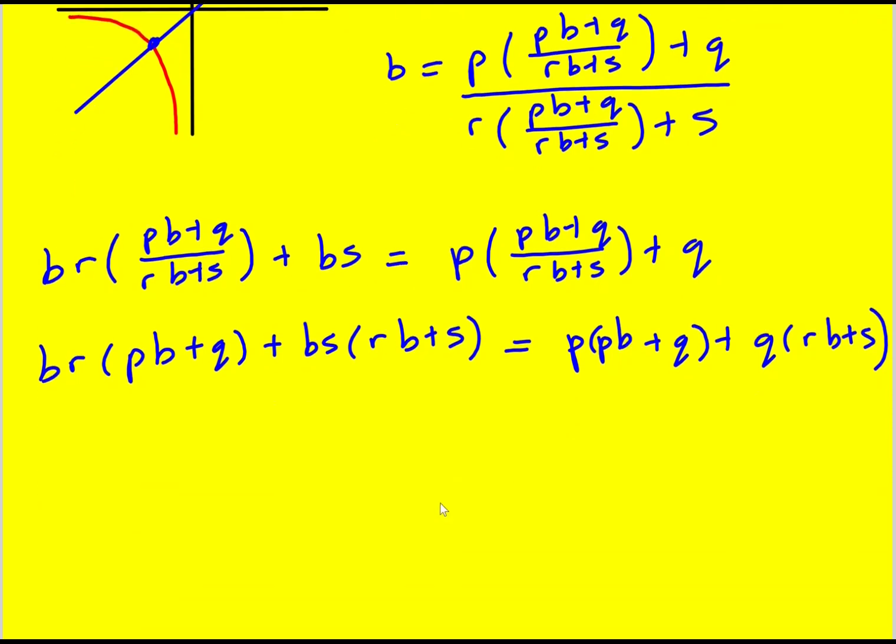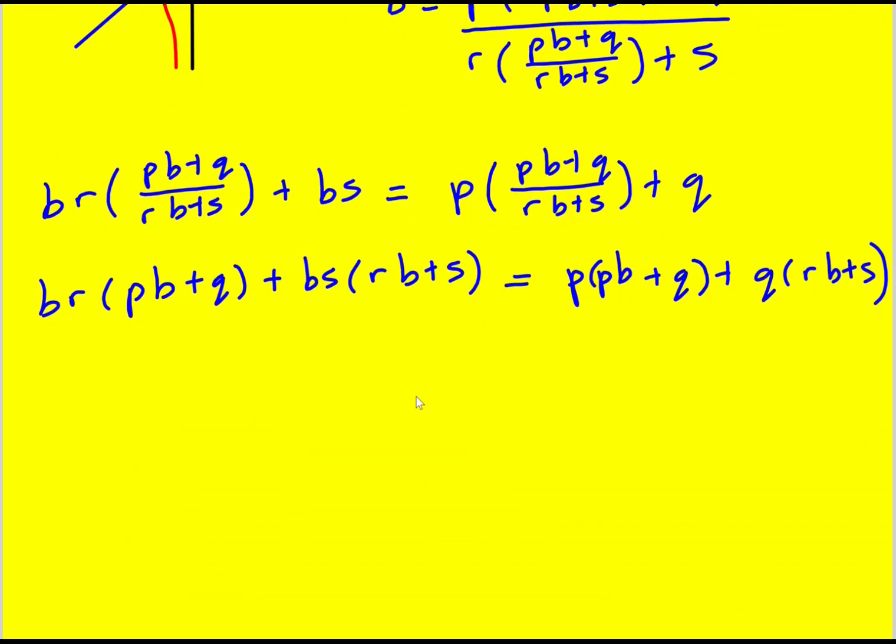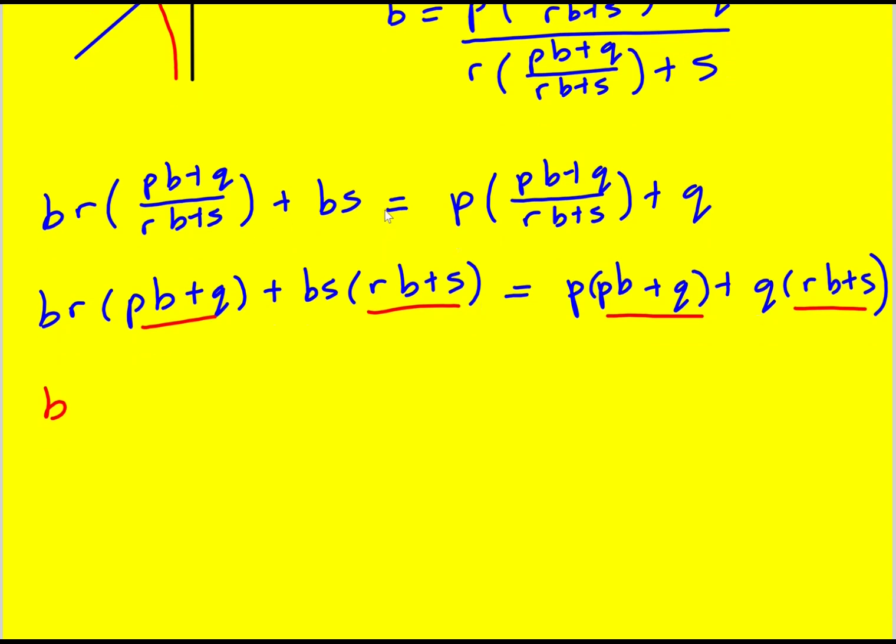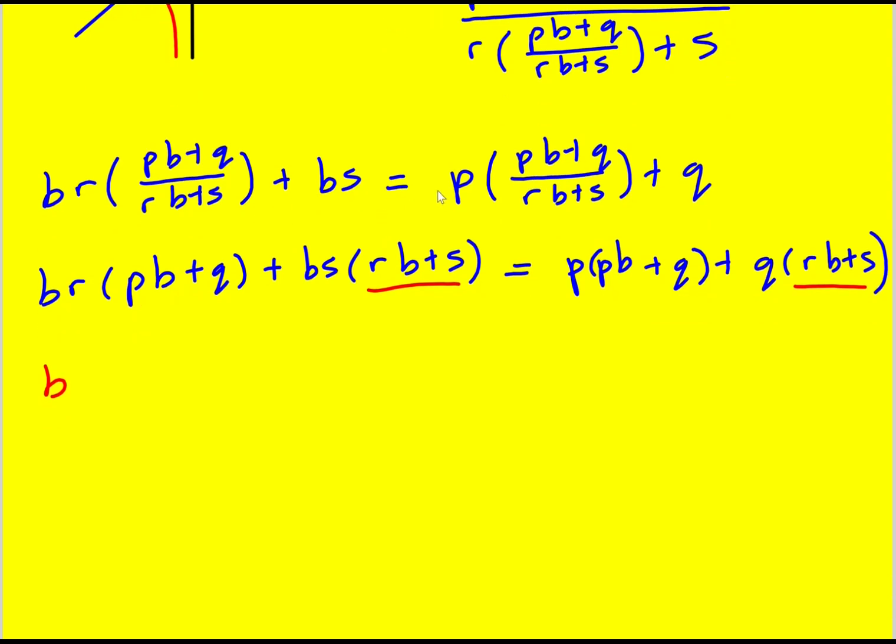Got rid of all the fractions. It's still looking pretty complicated, but let's multiply out. There's no obvious factorization to do at the moment. There is an RB plus S here and here, and a PB plus Q here and here, but that's not surprising because we had that at the top and bottom. So actually, don't go down that path.